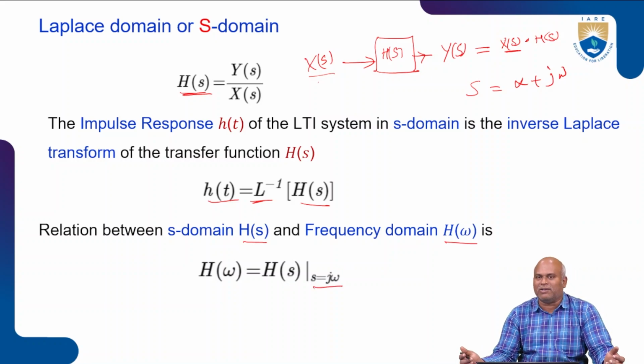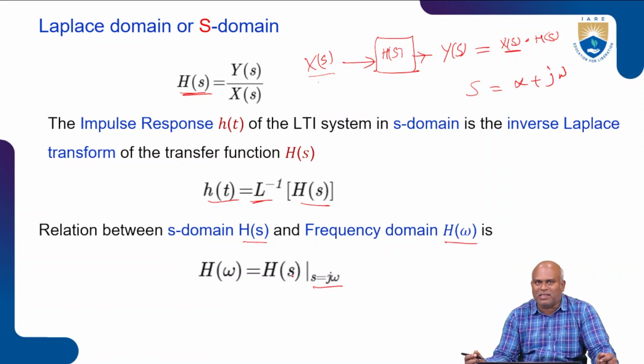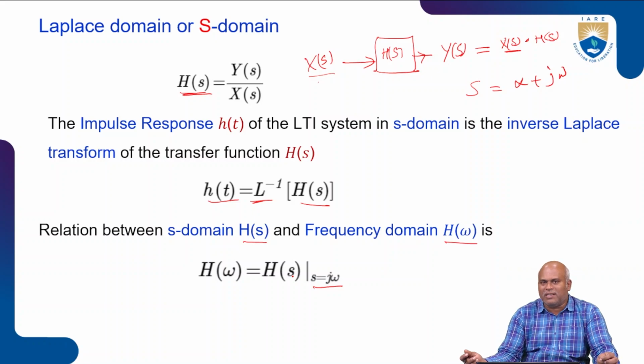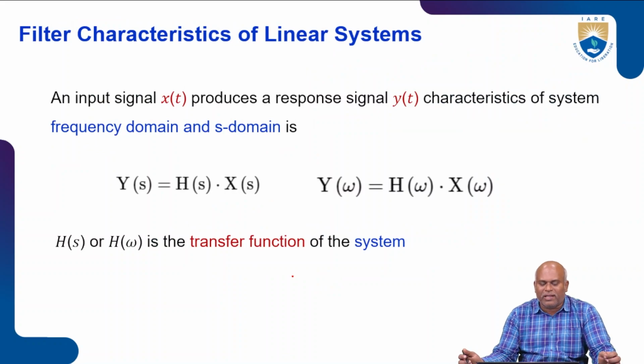If you substitute s equal to j omega, the s domain is automatically converted to the frequency domain. This represents the relation between the Laplace transform and the Fourier transform. Next, we go for the filter characteristic of an LTI system.